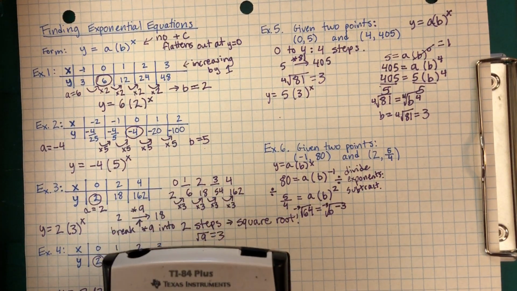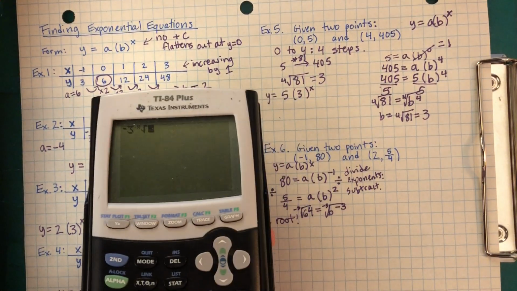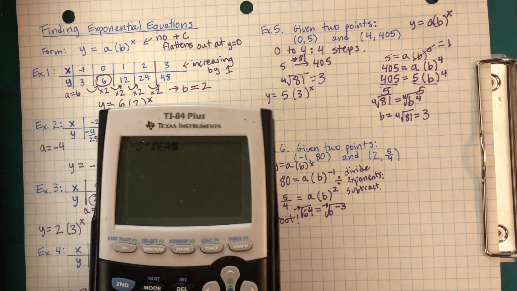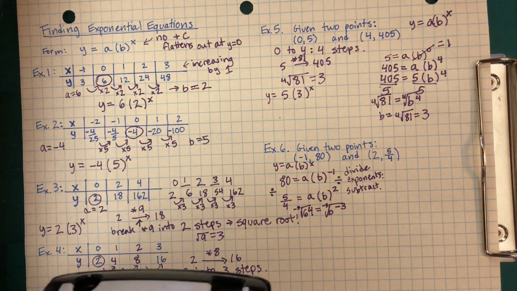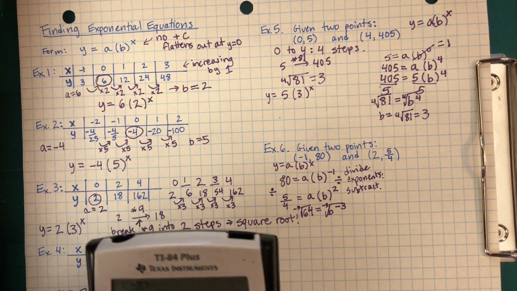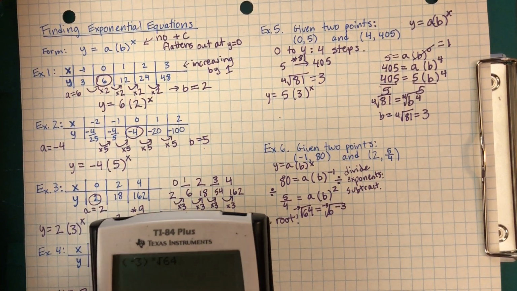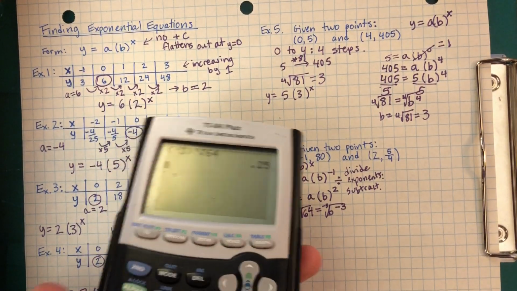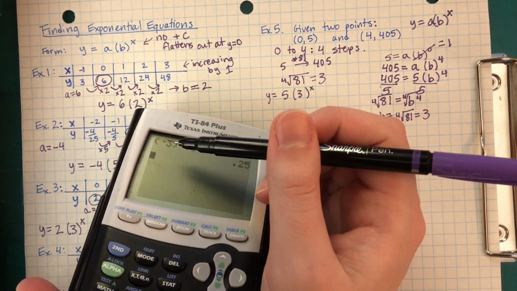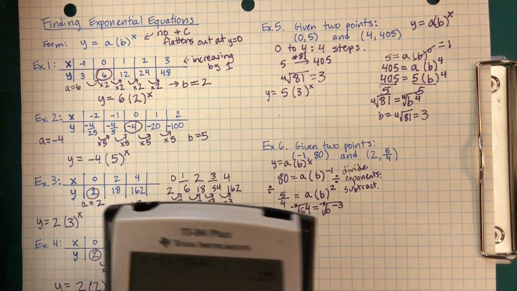Negative 3 root of 64. I think I need to put it in parentheses. Negative 3 root 64. There we go. So if you do this in a calculator, you need to put the negative 3 in parentheses when you do this root part. Good to know.